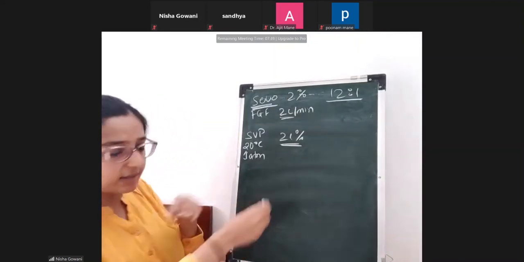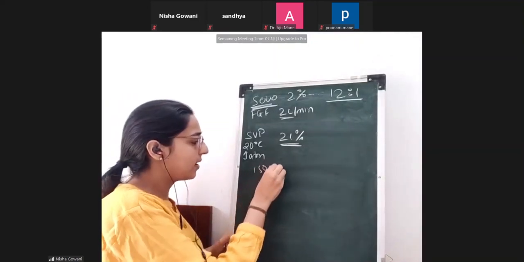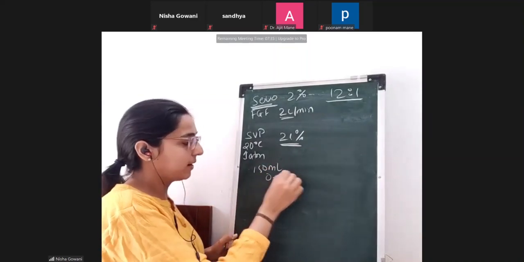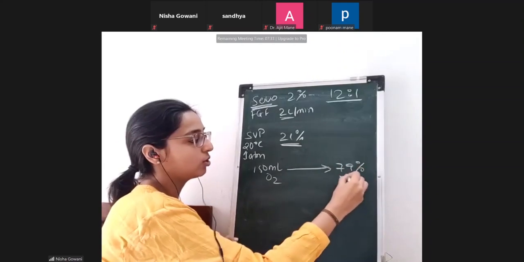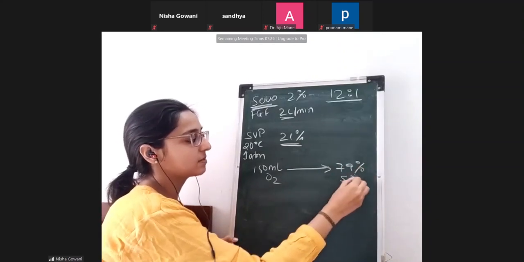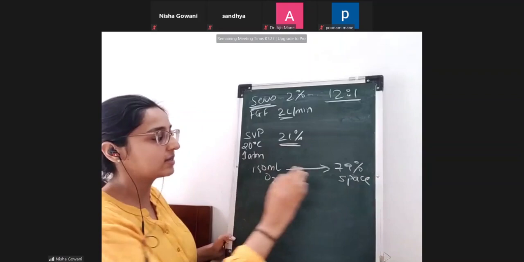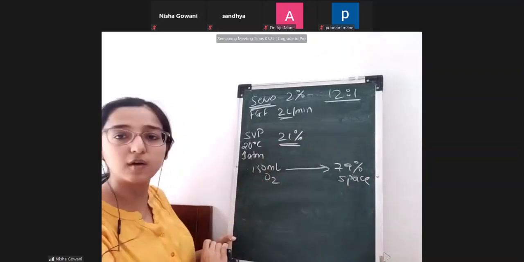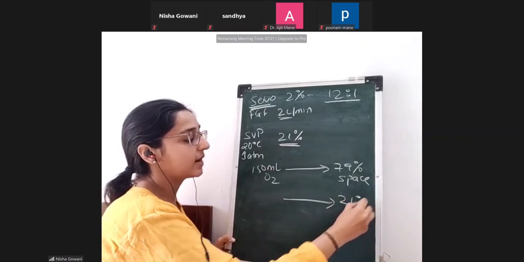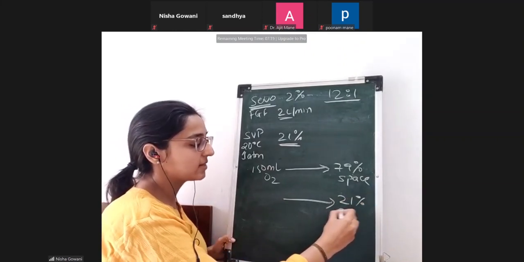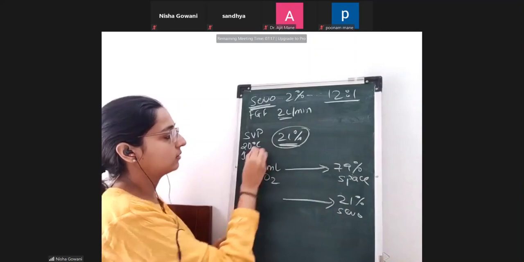So if I tell you 150 ml is occupied by oxygen, that means 79% of the volume of the space, let's keep it as space so it makes it easy for you to understand, is occupied by 150 ml of oxygen in that vaporizing chamber. And in that vaporizing chamber, 21% of the space is occupied by sevo, right?